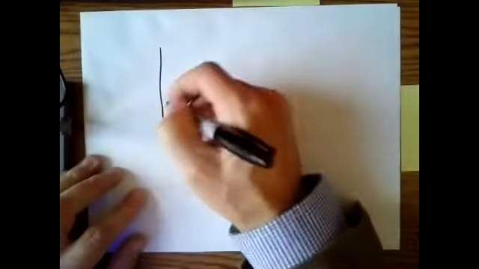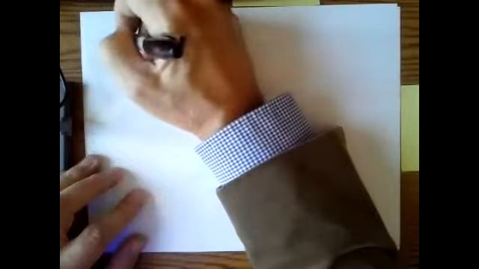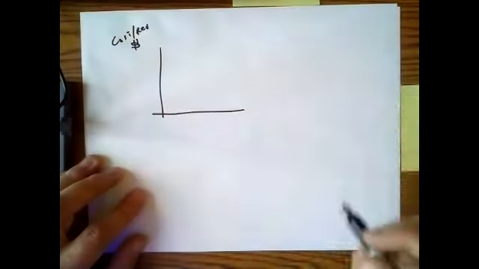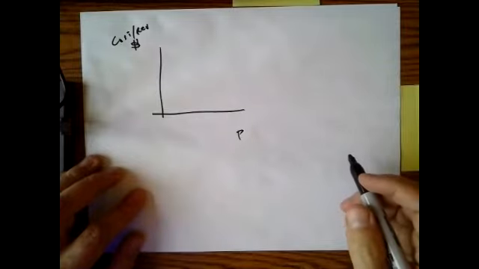Now it asks us to draw the CVP graph, cost volume profit graph. So we're going to have cost and revenue on the y-axis and number of procedures on the x-axis.